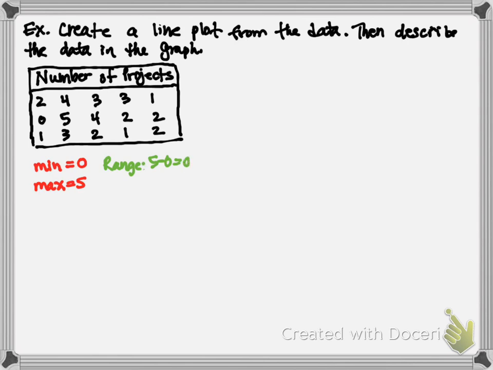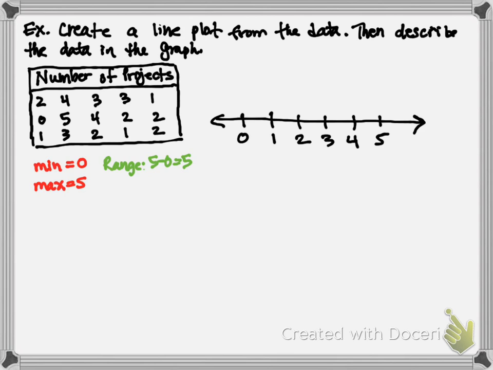Oops, 5. Thank you. So I'm going to count by ones. I have to include 0 and I have to include 5. Everything should be evenly spread out. Then I'm going to make an X for every number as I see it. I don't have to go in any particular order. I don't have to organize it from least to greatest.